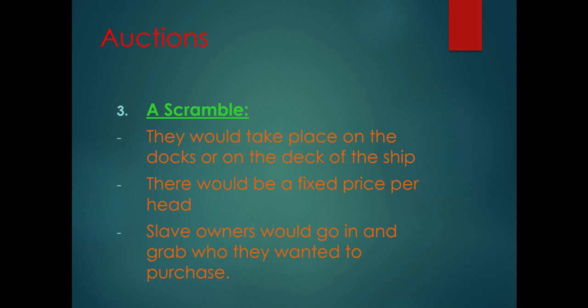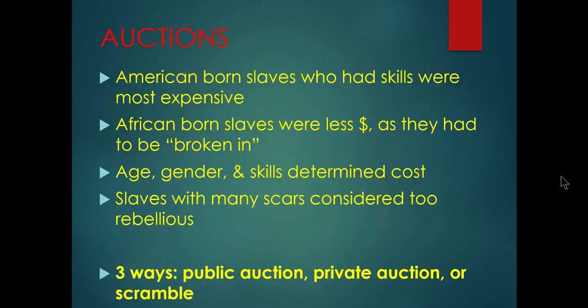They would have a price on them, like a price tag, like an item, like nothing. And then the slave owners would get to go in and basically shop for who they wanted. They were shopping. So they treated these people like objects. Absolutely terrible.